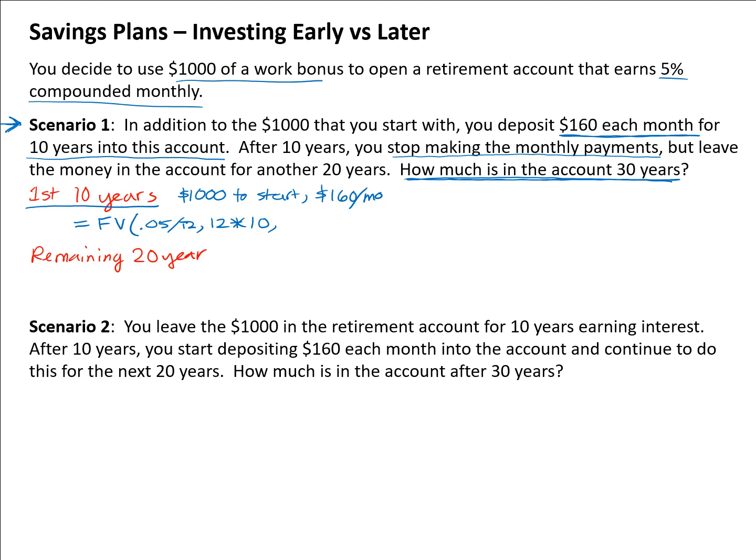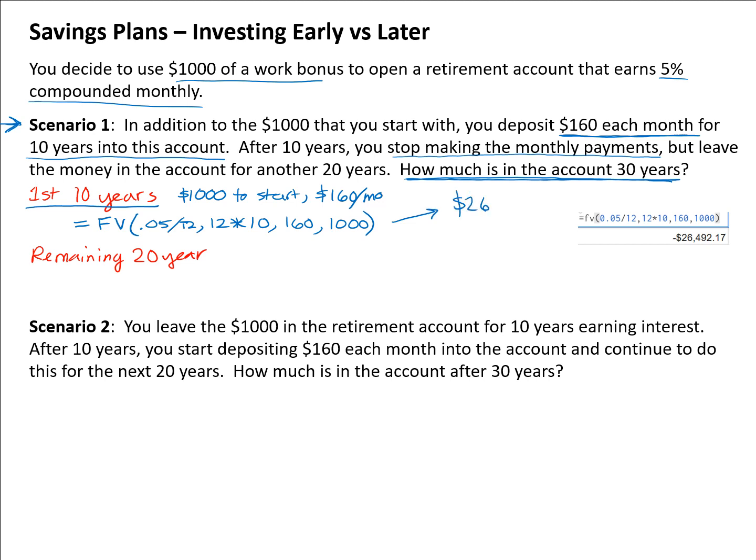Our monthly payment is $160, so we'll enter that next. And then we're starting with 1,000. That would be our present value. So when you use a spreadsheet to calculate this, and here I'll show a screenshot from me doing that, we actually get $26,492.17 in the account after 10 years.